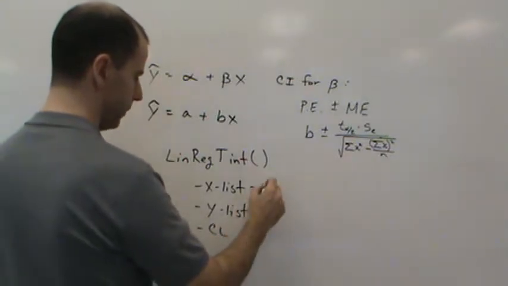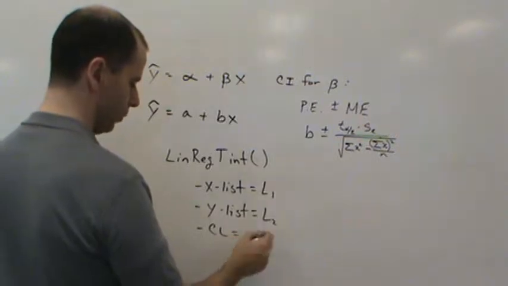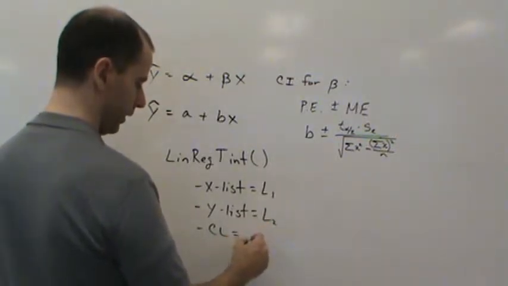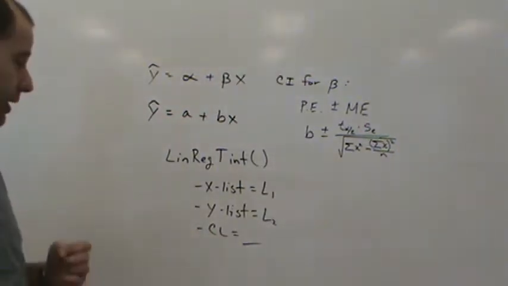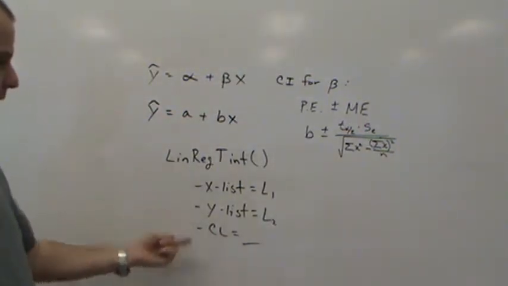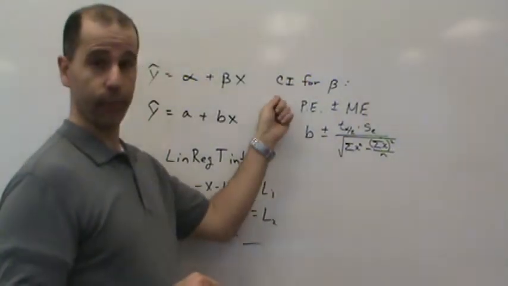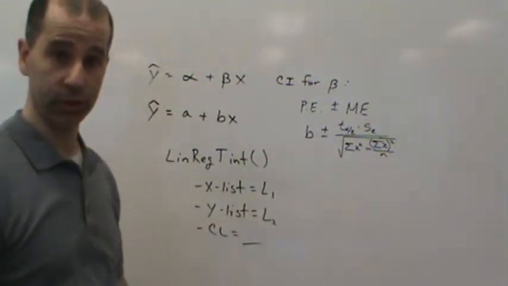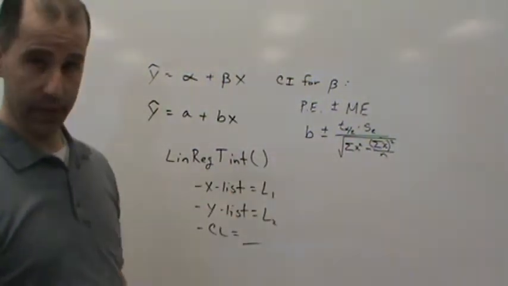So again, this is going to be like L1, this will be L2, and then your confidence level will be whatever you want to put in, okay? 0.95, 0.9, 0.92, whatever it turns out to be. And then once you hit enter or calculate, it will give you your confidence interval for beta. Okay, it's actually one of the outputs that you get. Okay, but if you don't, then you need to use this formula.